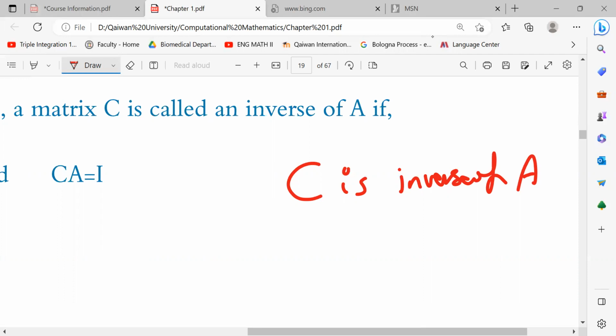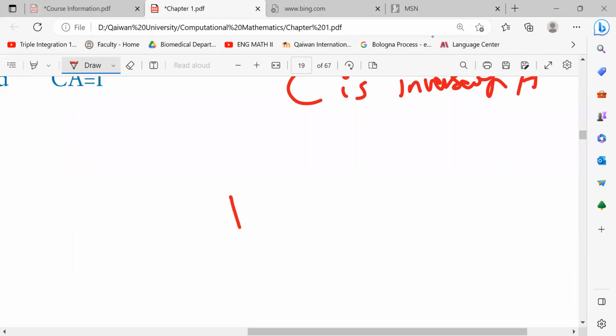Let me tell you what an identity matrix is. For example, I2 means an identity matrix of size 2 by 2. An identity matrix is always a square matrix. The subscript is the size of the matrix. It's 2, so it's a 2 by 2 matrix: 1, 0, 0, 1.